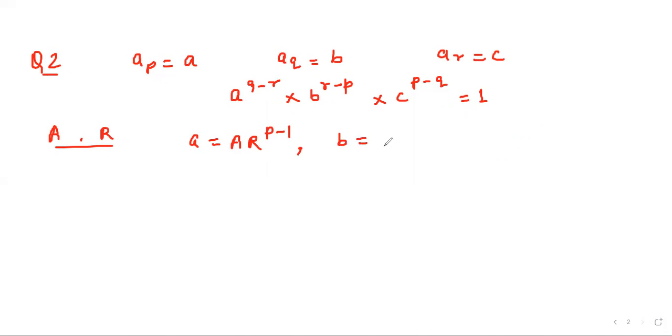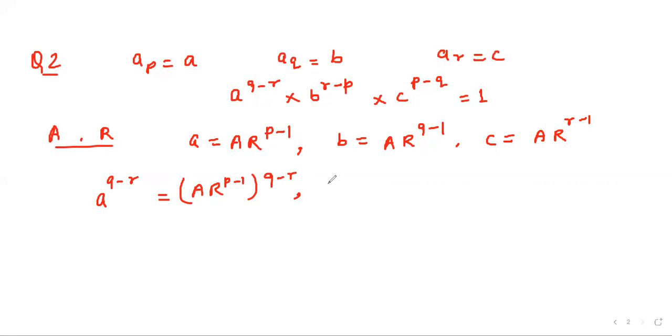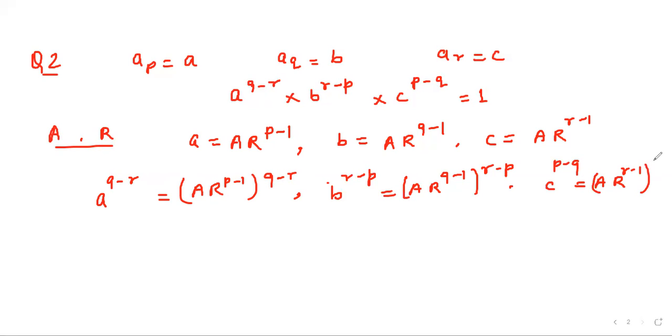Similarly, b will be equal to AR^(q-1), and c equal to AR^(r-1). Now, a^(q-r) means (AR^(p-1))^(q-r), b^(r-p) means (AR^(q-1))^(r-p), and c^(p-q) means (AR^(r-1))^(p-q).